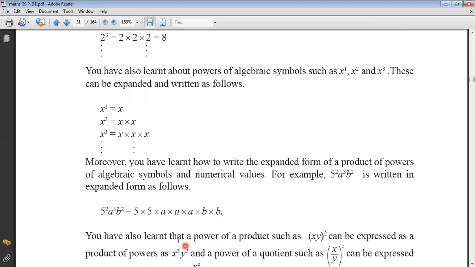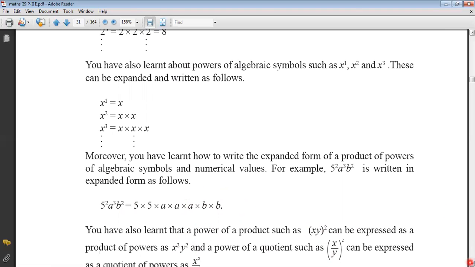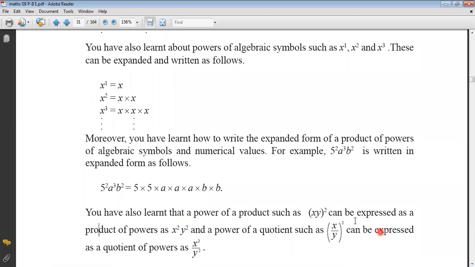You also learned that the power of a product, such as (xy) squared, can be expressed as a product of powers, x squared and y squared, because the second power is common.